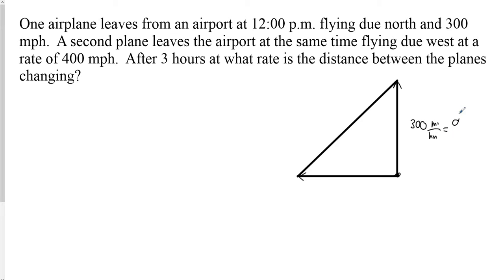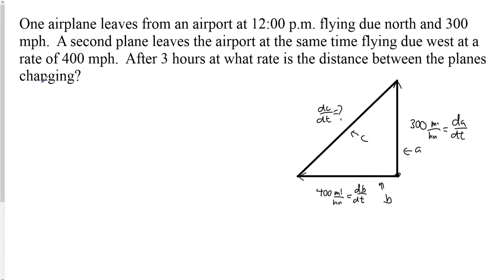That is a change in A over time, if I call this side A. This one here is 400 miles per hour, and that is going to be a change in B over time if I call this B. And they want us to find dC over dt, if I call this C.